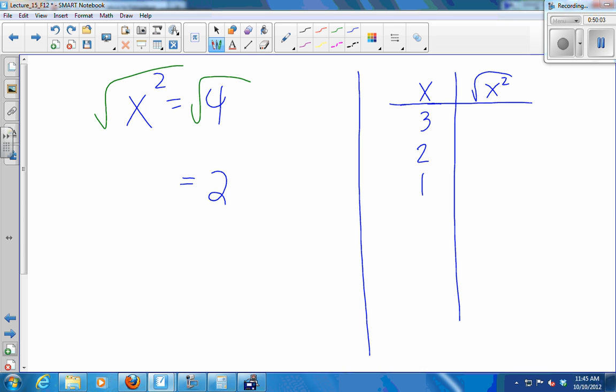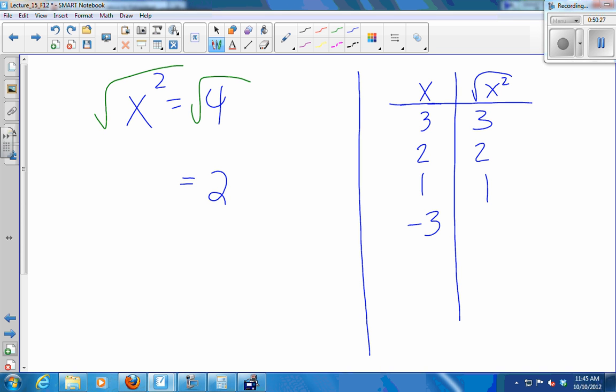Okay, so if x is 3, the square root of x squared, so I would square the 3 and I get the 9, square rooted, I get the 3 back, right? If I plug a 2 in here for x, 2 squared is 4, square rooted is 2. If I plug a 1 in here, 1 squared is 1, square rooted is 1. But what if I plug in a negative 3?